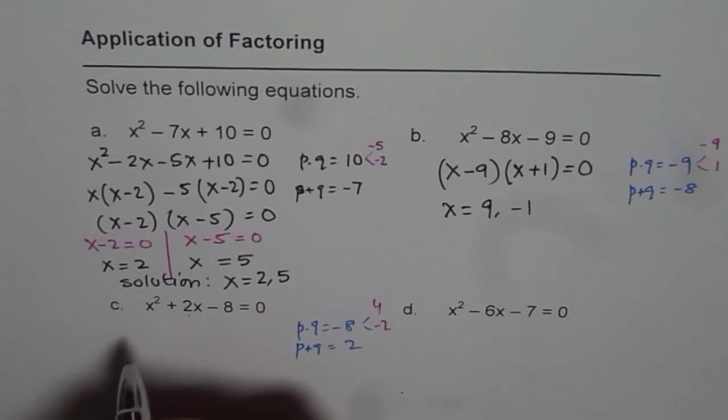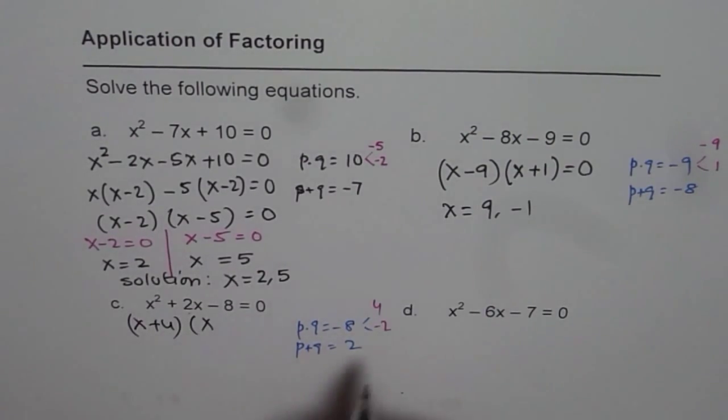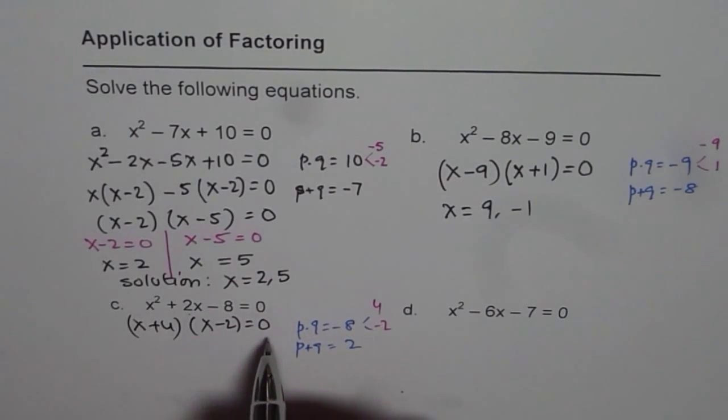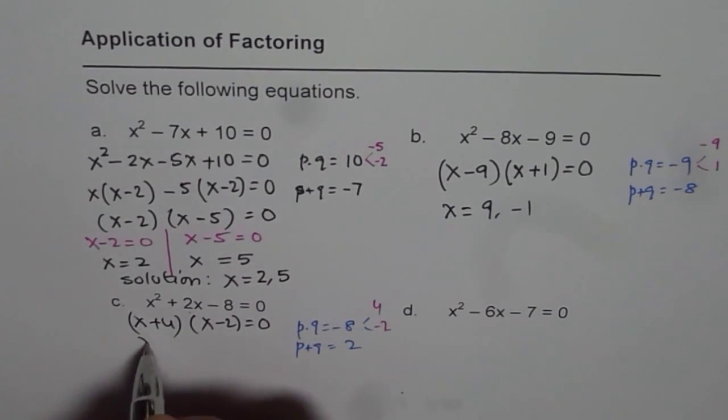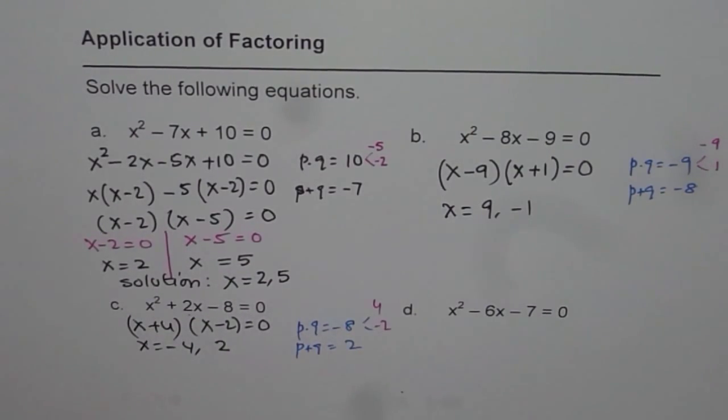That gives us the answer x plus 4 times x minus 2 equals 0. And the roots or the solutions for this equation are x equals minus 4 and x equals 2, right? Do you see that? So the opposite of these is your solution, correct? Keep on observing so that you can do them even faster.